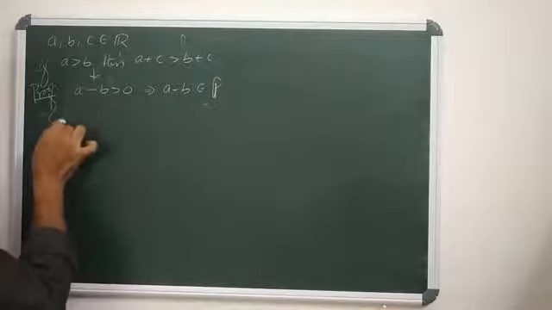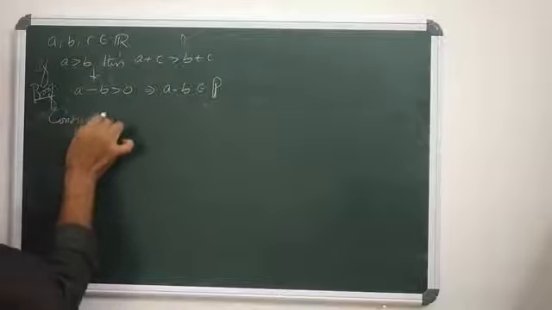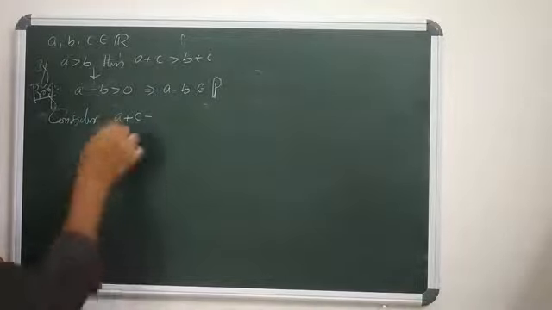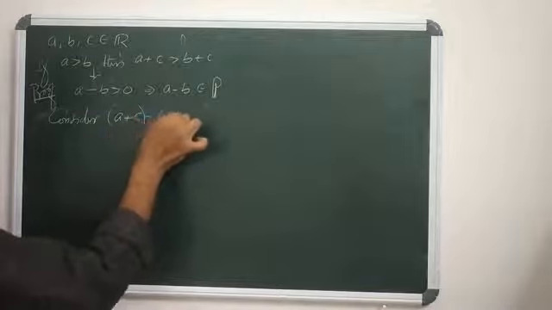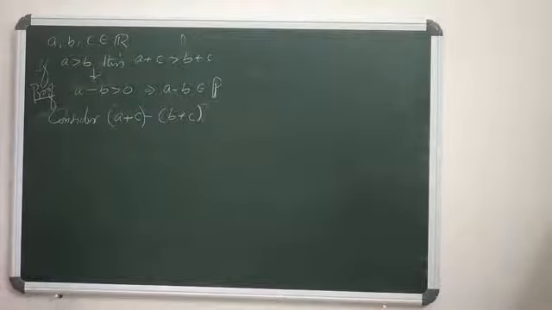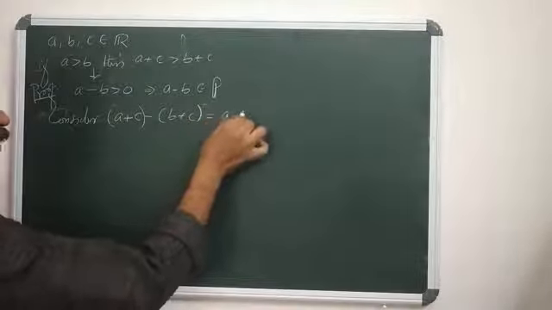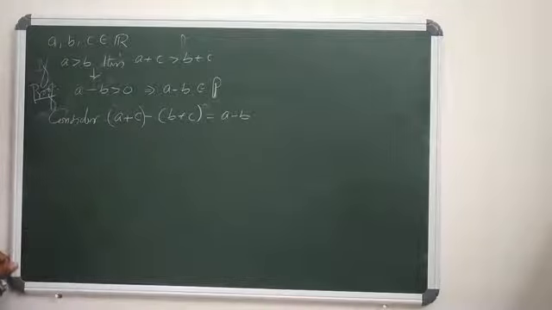And consider A plus C minus B plus C. A plus C minus B plus C means it is A minus B, since plus C and minus C cancel each other.